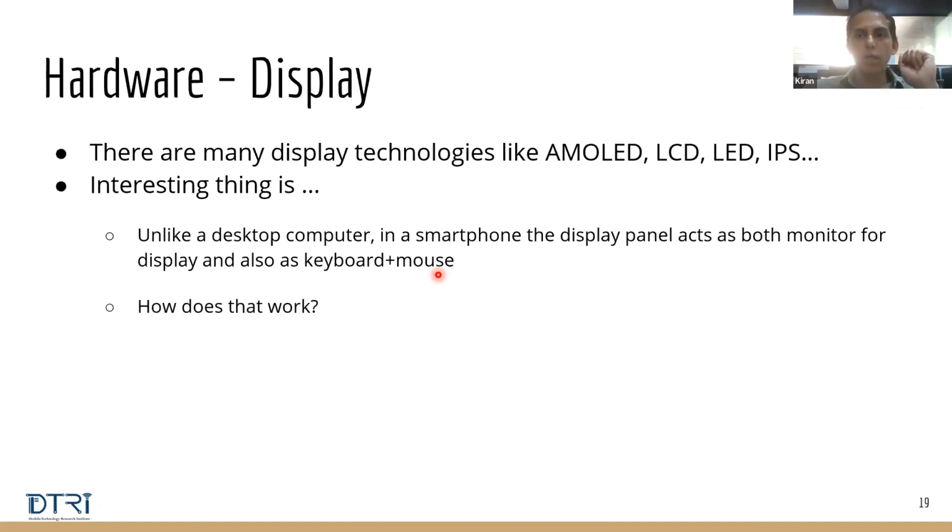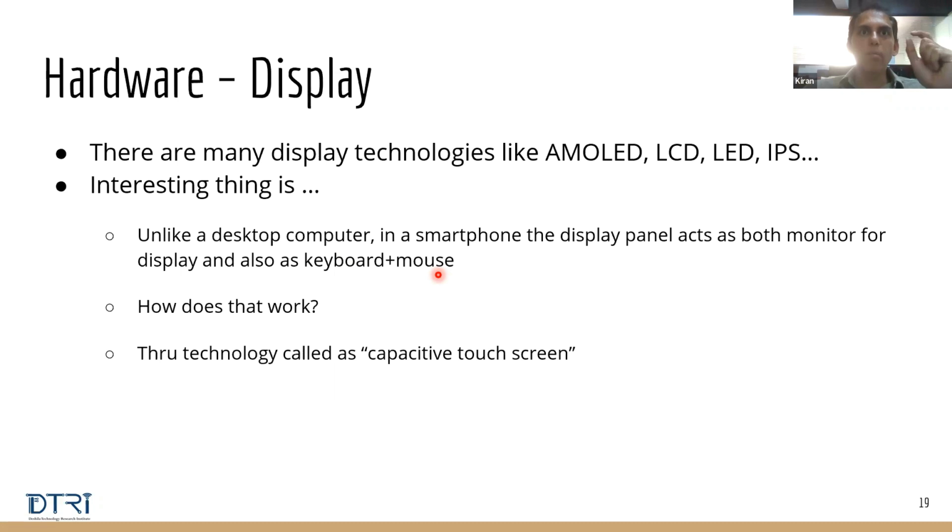So how does that work? There is a technology called capacitive touchscreen technology. If you have a smartphone, it is a touchscreen today. It's all a touchscreen, so we don't have buttons. Whatever buttons or keypad that you see is also on the same touchscreen. Similarly, you can also move around like a mouse, and that is also on the same screen, and you also view on the same screen. So that means it has to have both functionalities in the background.